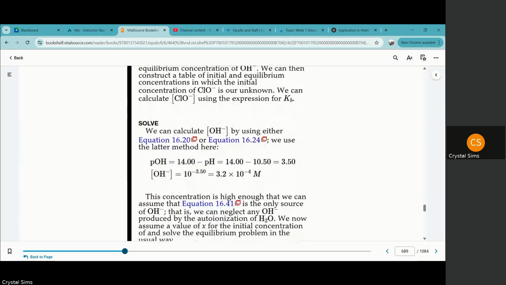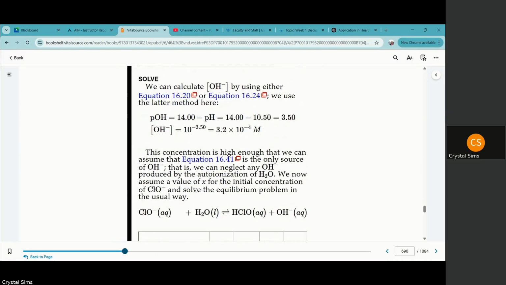So let's first calculate the OH, the hydroxide ion concentration first. So we know that the pH is 10.5. So we can use that to use the anti-log and get our hydroxide ion concentration.